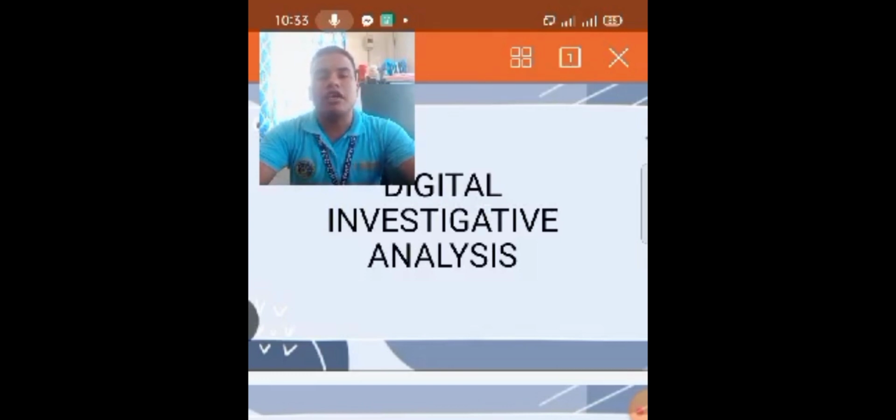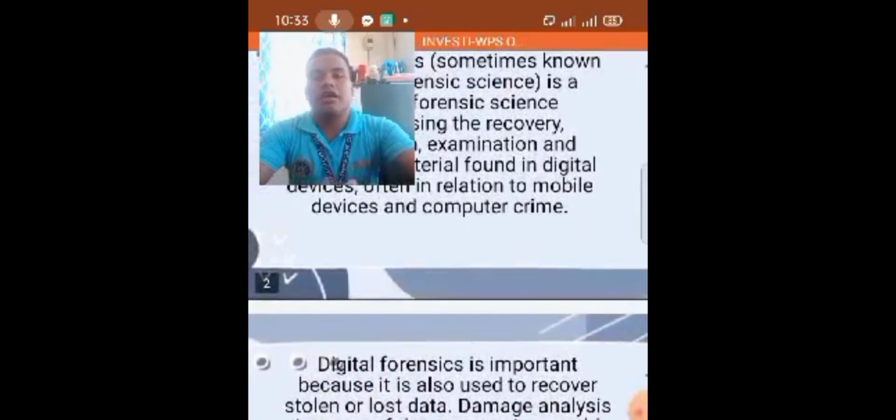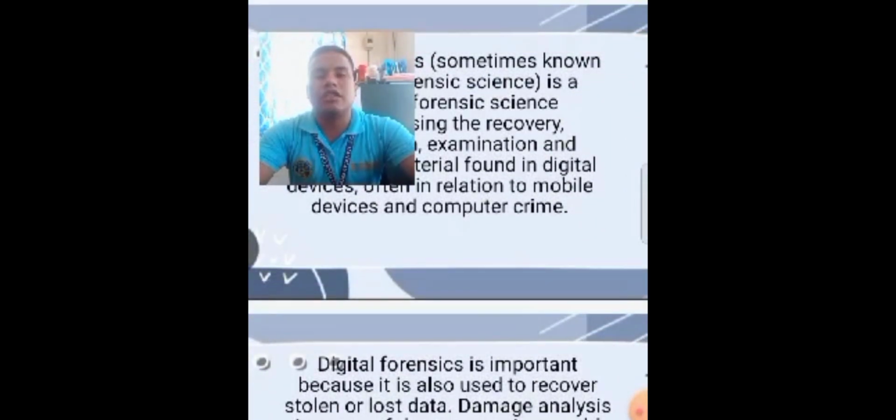Digital forensics, sometimes known as digital forensic science, is a branch of forensic science encompassing the recovery, investigation, examination, and analysis of materials found in digital devices, often in relation to mobile device and computer crime. Digital forensics is important because it is also used to recover stolen or lost data.